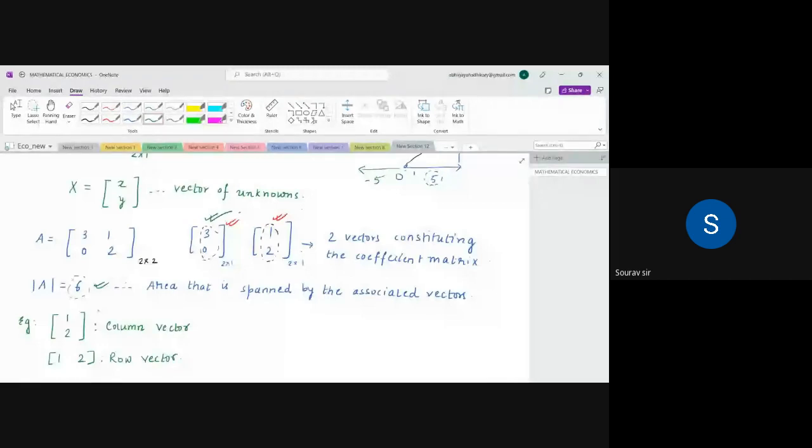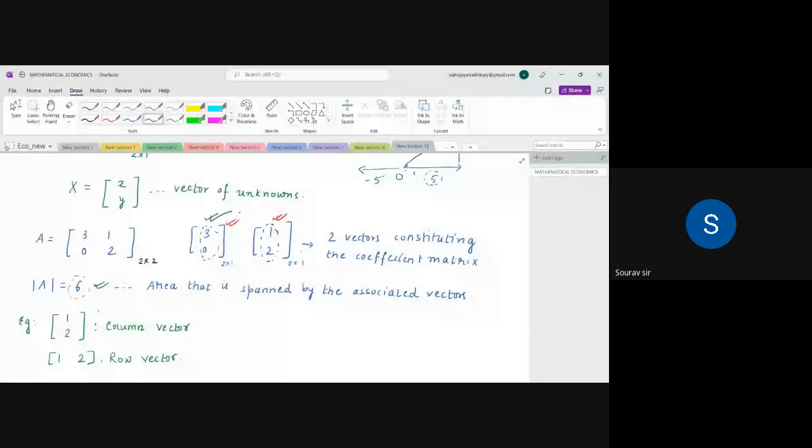So if I denote, let's say, capital A as the column 1 comma 2, then A transpose is the row 1 comma 2.